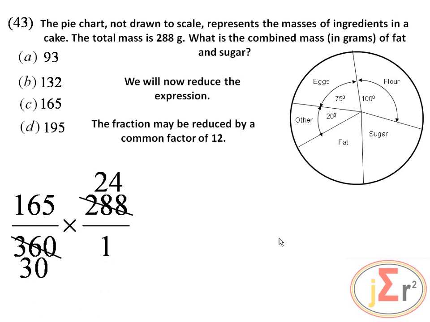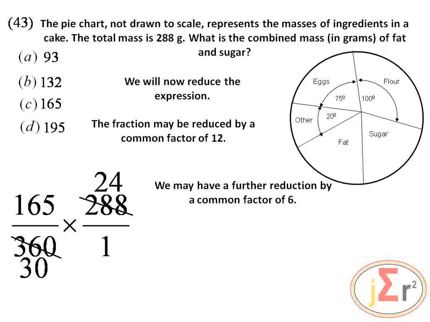I was right. Then we need to reduce it further. Now we will choose a common factor of 6. So 6 into 30 is 5, and 6 into 24 is 4.